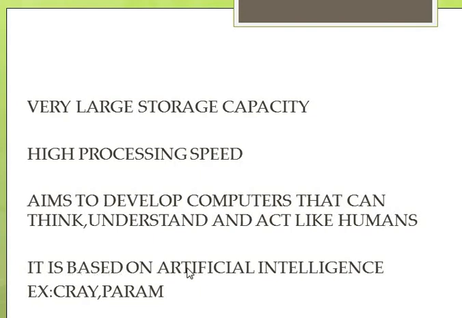It is based on artificial intelligence. Artificial intelligence is the key in fifth generation computers. Examples of fifth generation computers are some supercomputers. Cray is one of the supercomputers, and Param is also a supercomputer developed in India.